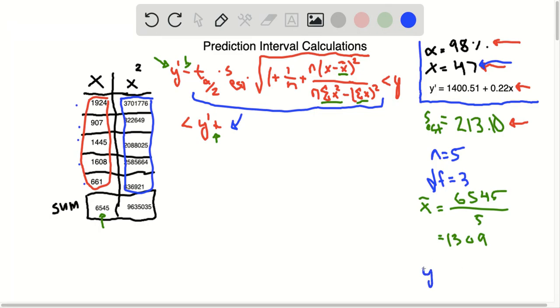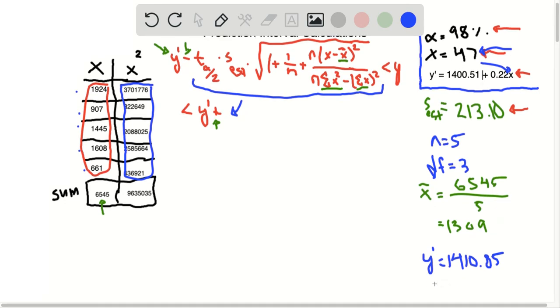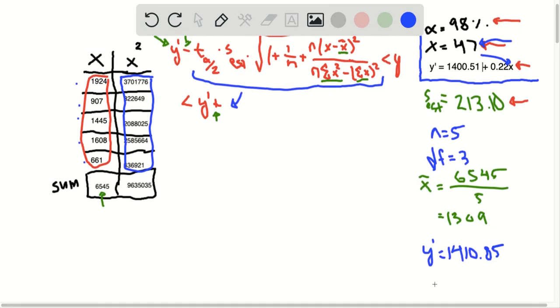So if we plug in 47 to our x in our regression equation, we get a y prime value equal to about 1,410.85.